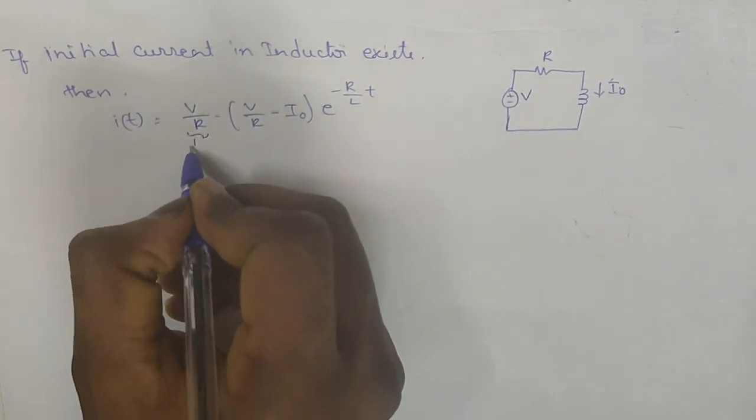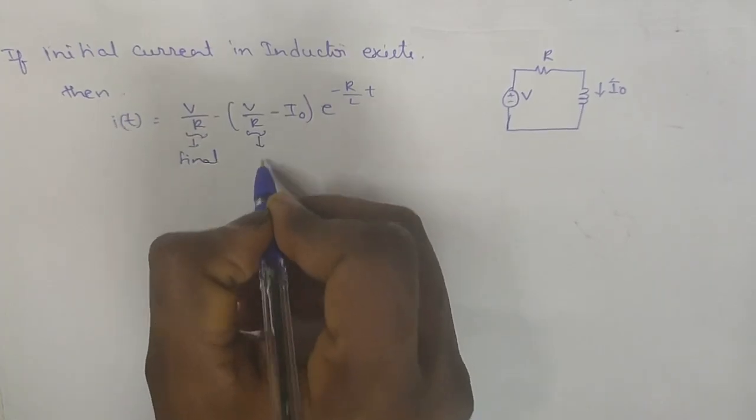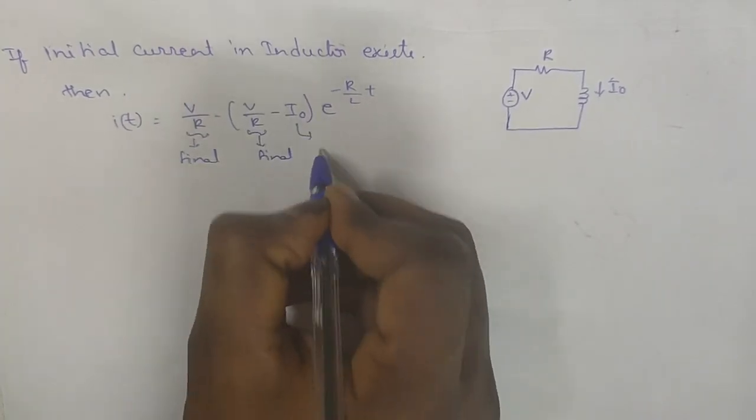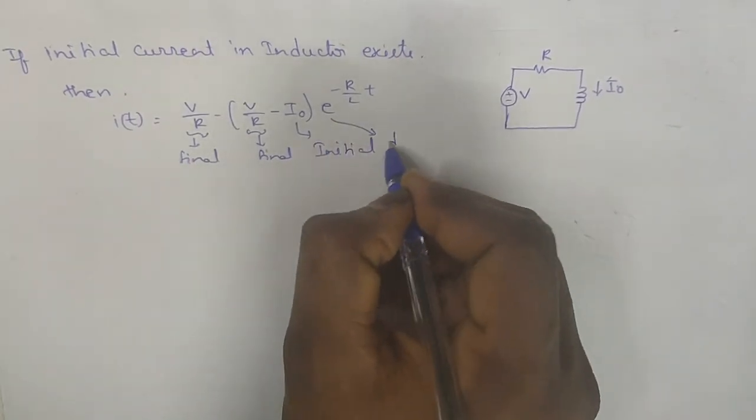This is the final value, this is the initial value, and this is the decaying coefficient.